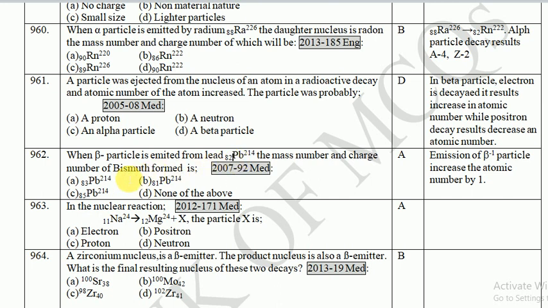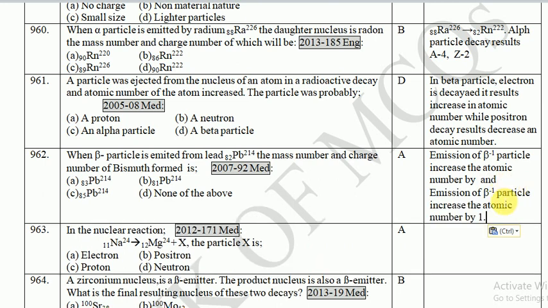So option C is correct. Emission of a beta negative particle increases the atomic number by 1, and also remember that emission of a beta plus particle decreases the atomic number by 1.